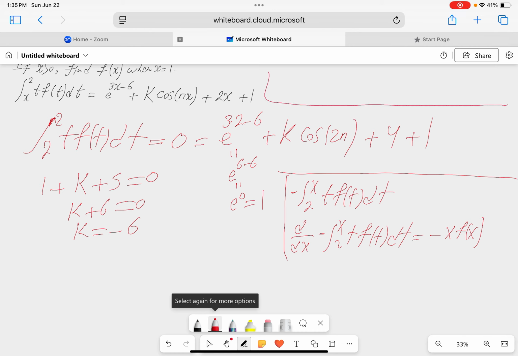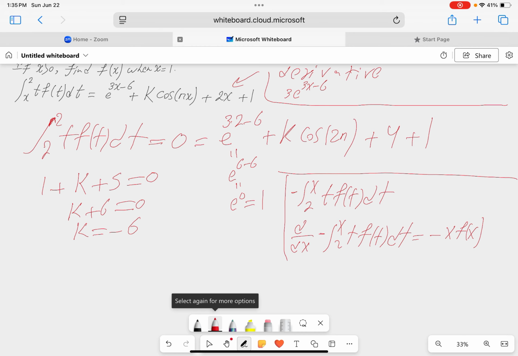The derivative is going to be 3 times e to the power of 3x minus 6 plus, remember we had a negative 6 here, so let me get rid of the plus here.